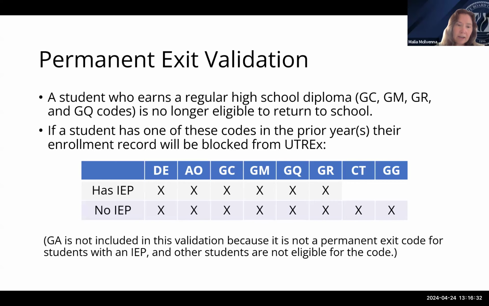And the GA code isn't included in this table because it isn't a permanent exit code for students with disabilities, and students who don't have an IEP can't even use that code. So it's really not necessary to block those in the permanent exit validation.